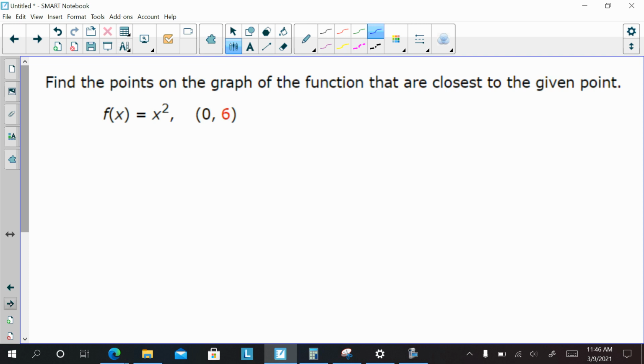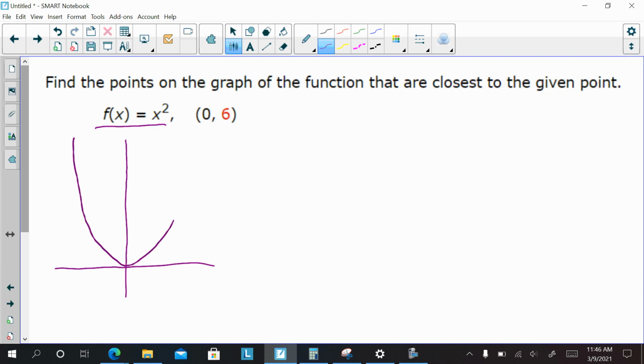Now, a question from homework that we have is this one. If we have this function, y equals x squared, so let's just sketch that real quickly. That's a parabola, just your basic parabola. Find the points on the graph of the function that are closest to the point 0, 6.